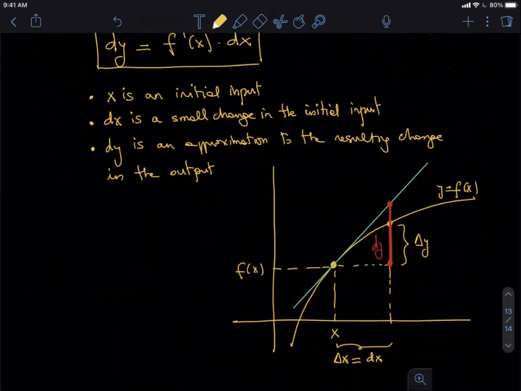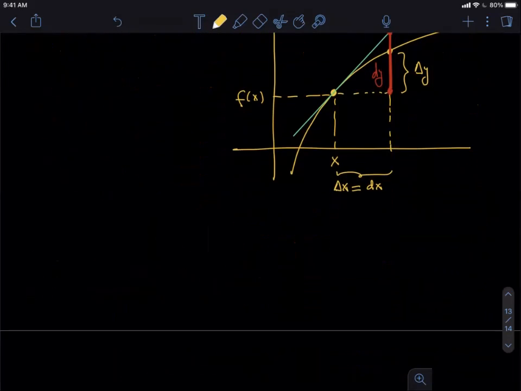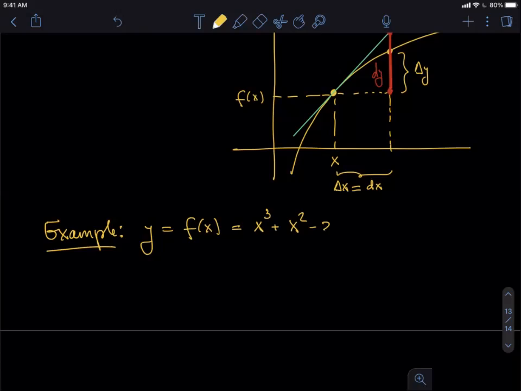let's compute some examples and see why would anybody choose to do this in reality. So let's say we have the function, some experiment. After some experiment, we arrive at the conclusion that we have our variable x that can be any quantity you want. That's your input, and the output is given by this function that is a polynomial of degree 3.